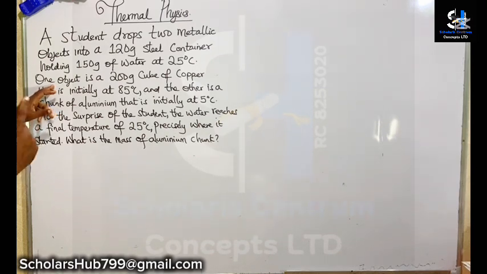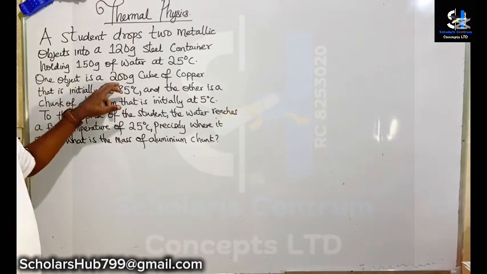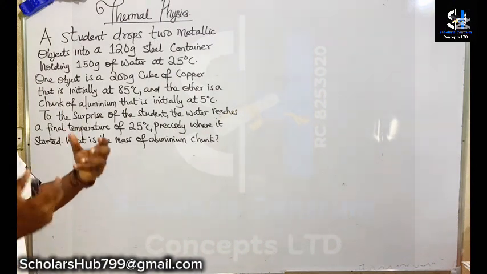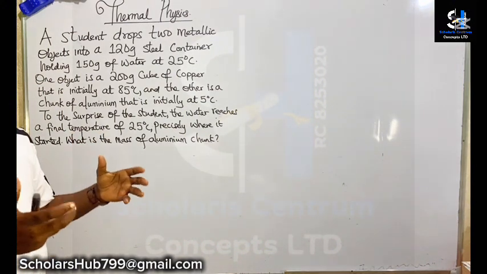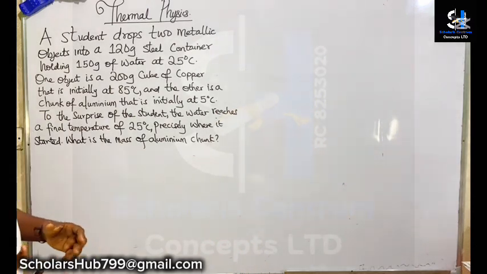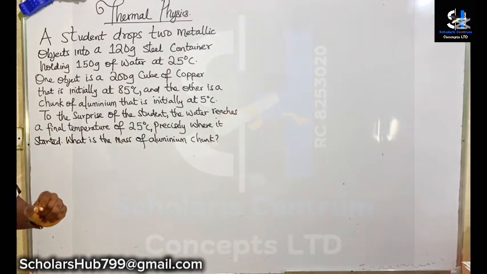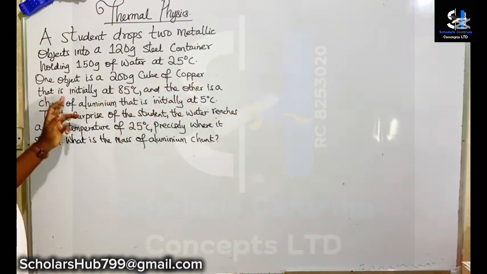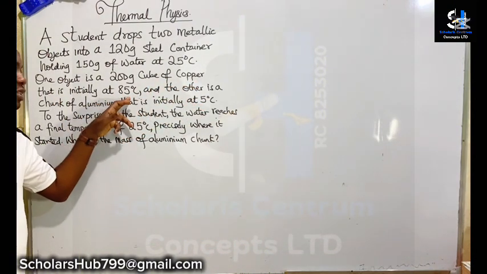One object is a 200-gram cube of copper, which means one of the objects the student dropped into the container holding 150 grams of water at 25 degrees Celsius is a 200-gram cube of copper that is initially at 85 degrees Celsius.